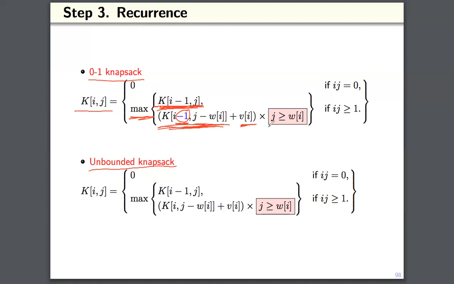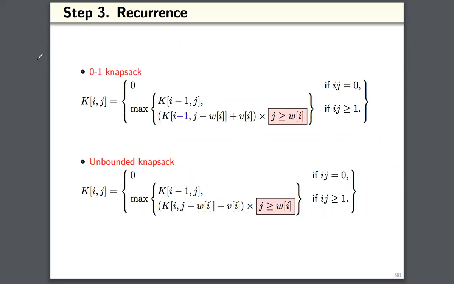You will consider this only if j is greater than or equal to w of i. And this is understandable because you don't want this to be negative. But okay, how do we get this? Right? How do we get this? Kind of weird recurrence. So let's go to our whiteboard.